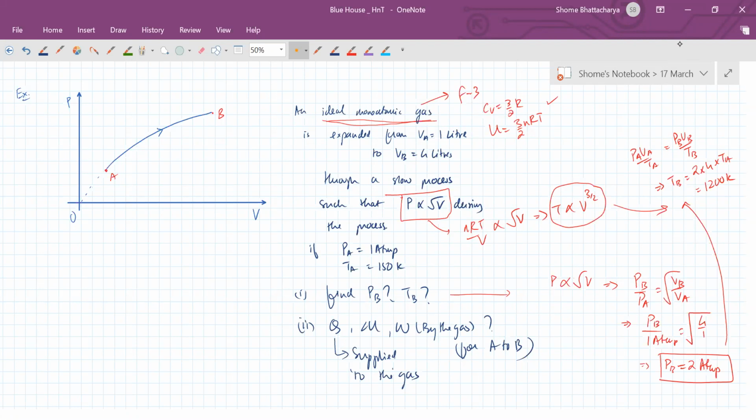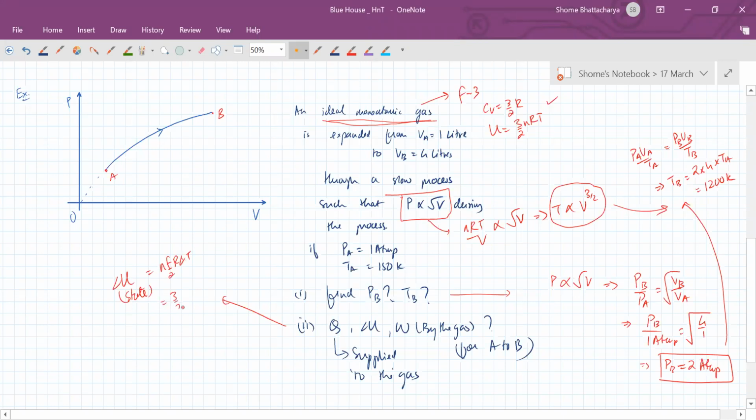Okay, Samarth and Parth, you are getting slightly different answers for the second part. So let me check. For the second part, we can obviously use the standard formula for delta U, because it is a state function. So we'll just use n f by 2 R delta T, which we can write as, in this case, 3 by 2 nR (TB minus TA).